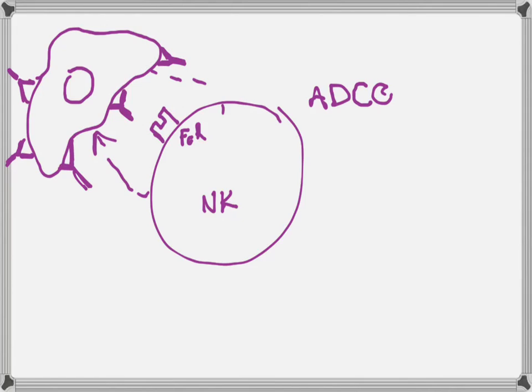And that refers to this process by which cells, eukaryotic pathogens, for example, are destroyed by NK cells from their secretion of granzymes and perforin after they have bound to an opsonized pathogen. Okay.